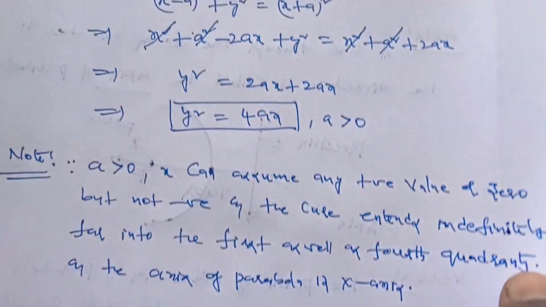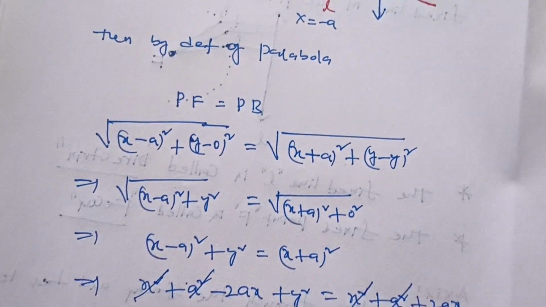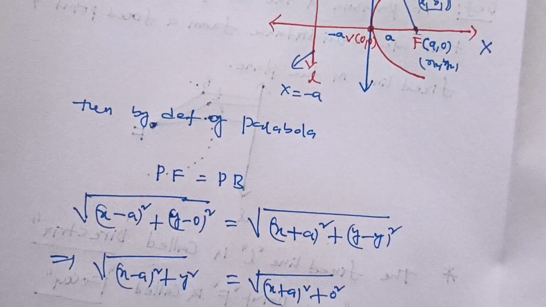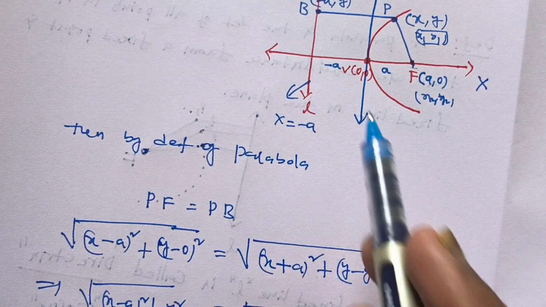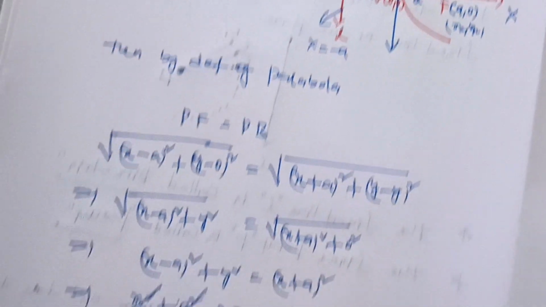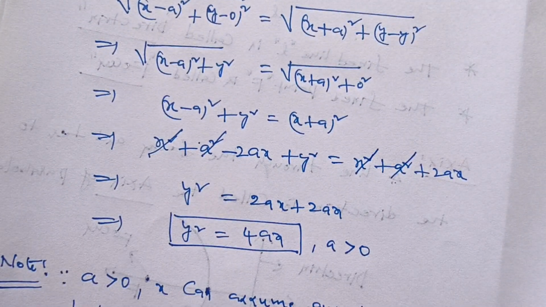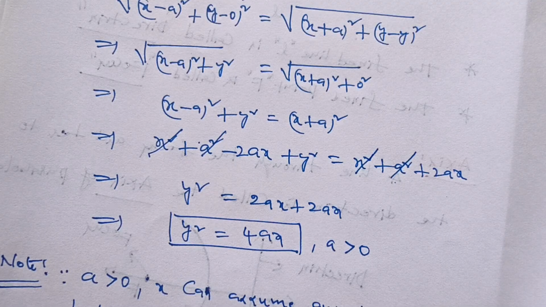This is the derivation of the equation of parabola if a is positive and the axis of parabola is the x-axis. Then the equation of parabola is y square is equal to 4ax.